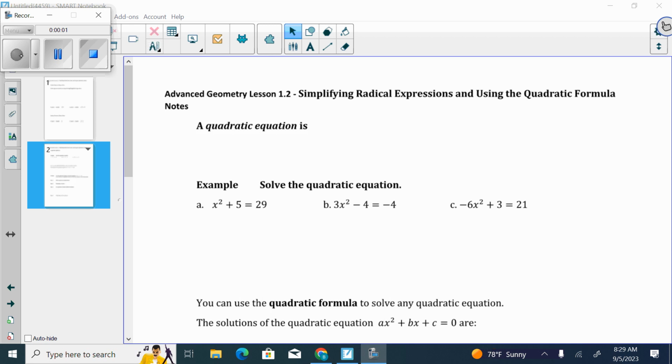On the back, we are going to talk about solving a quadratic equation. A quadratic equation is just an equation that contains a squared term.